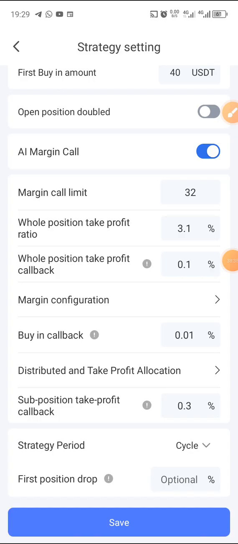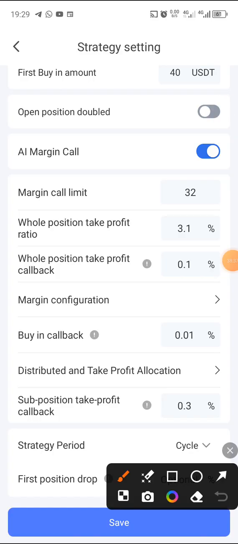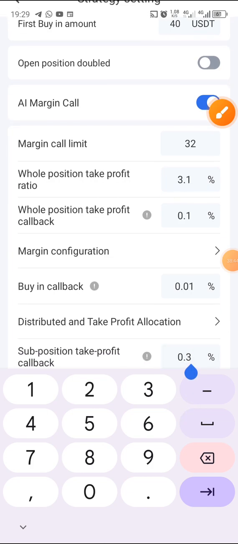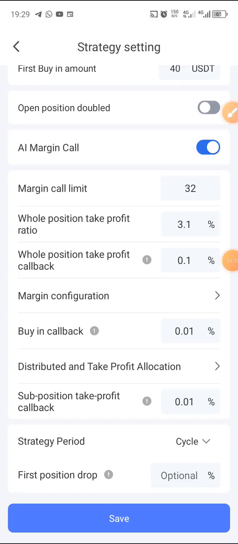How do you want your robot to sell these sub-sales? We shall say that robot, please sell our sub-sales faster, and we shall use 0.01 so that our robot sells faster our sub-sales.